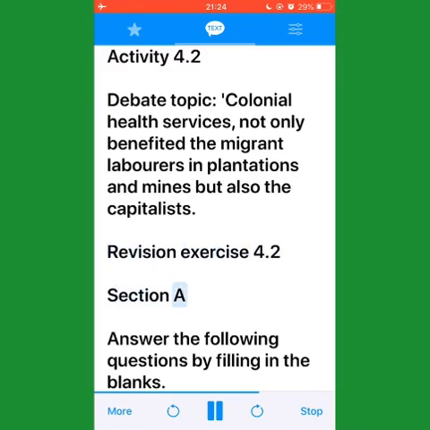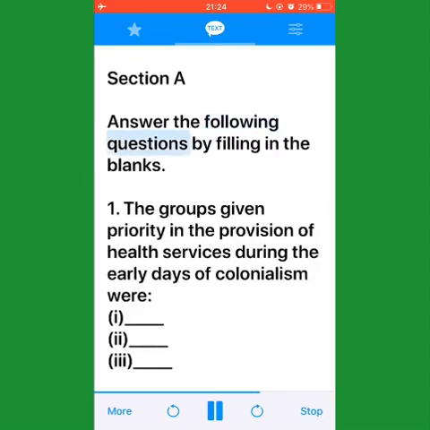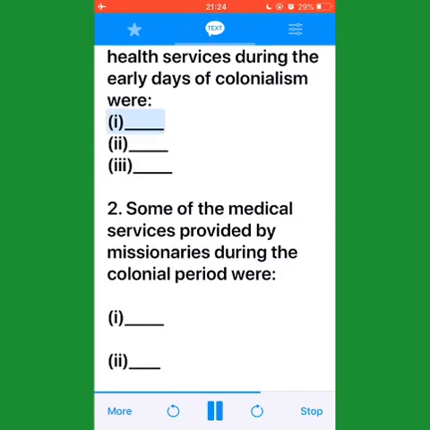Section A. Answer the following questions by filling in the blanks. 1. The groups given priority in the provision of health services during the early days of colonialism were 1. 2. 3. 2.